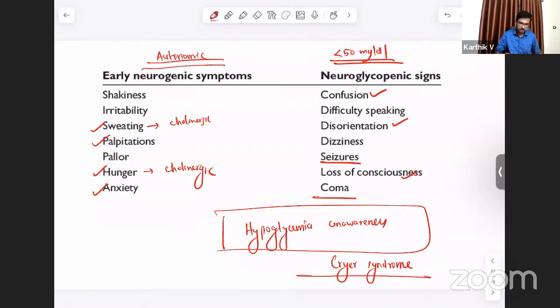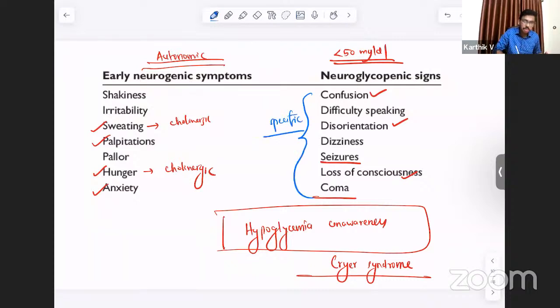So you always have to look at the presence of these symptoms while evaluating the patient. Of these, the more specific for hypoglycemia are the neuroglycopenic symptoms.